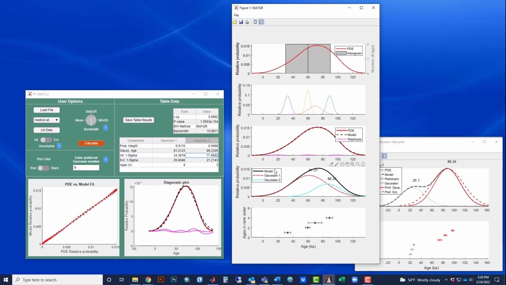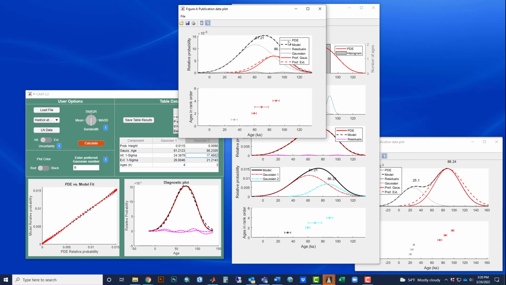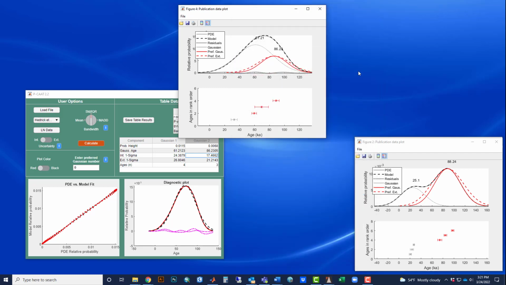And you can see that Gaussian 2 contains 3 ages. So again, this is older, spread out, large uncertainties and estimates of sigma, but it's realistic for how scattered this data is. The oldest component Gaussian that contains 3 ages would be the choice here again, which is Gaussian 2, and we get an age of 86,000 plus or minus 17.